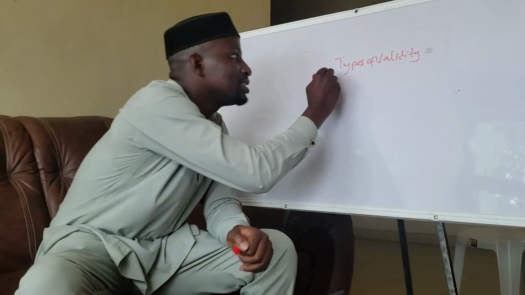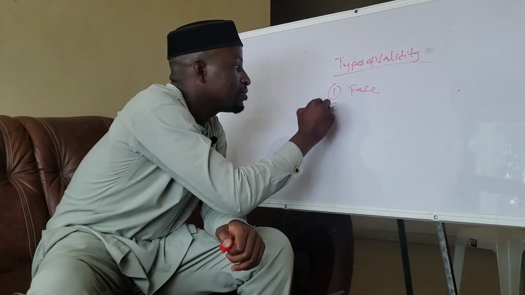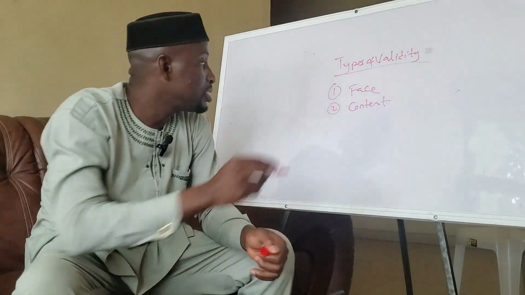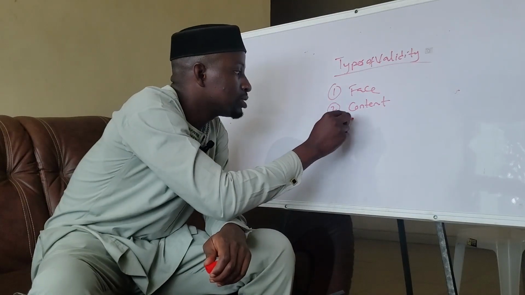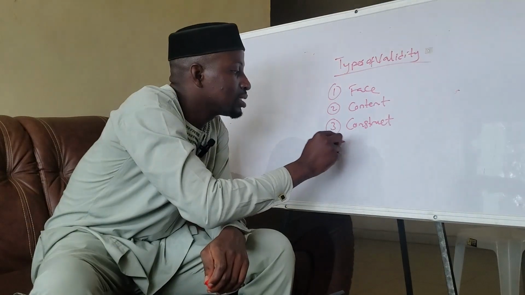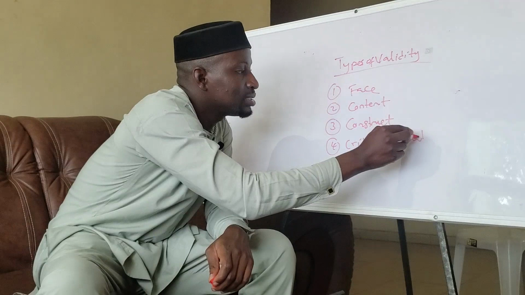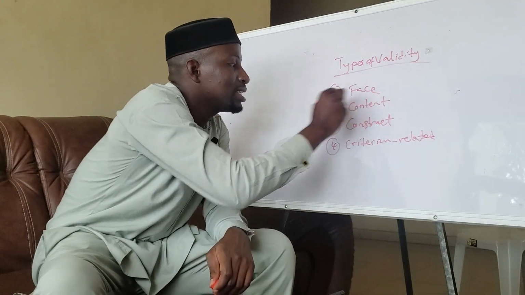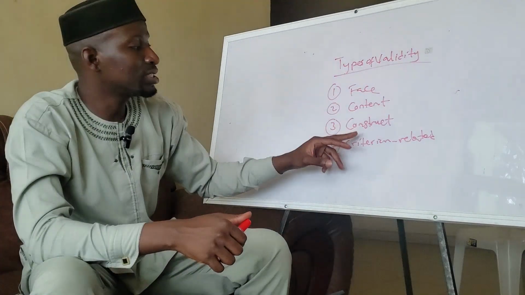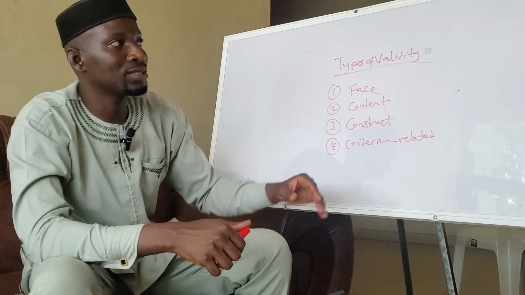So translationally, we have what we call the face validity, and we have the content validity. But majorly we have the other ones, which is the construct validity and criterion-related validity. So when I say translational, it implies that these first two will translate to others.